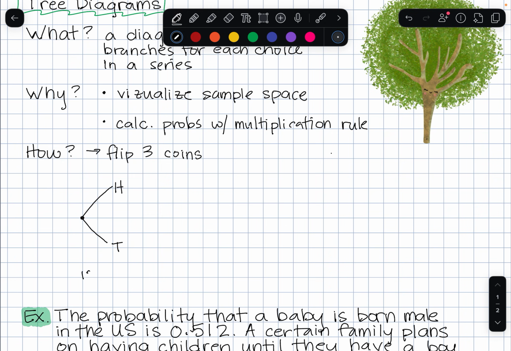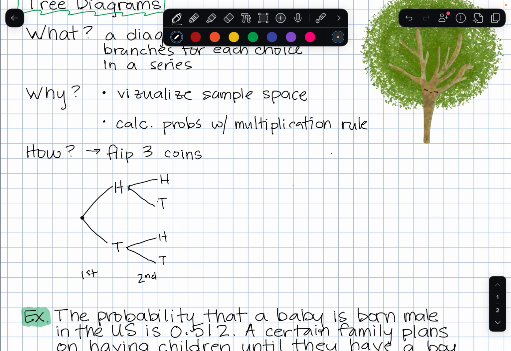So that's my first choice, my first flip. I'm going to flip again. And I know for my next flip, I could have either gotten a heads first, and I get heads or tails, or I could have flipped the tails first, and I get heads or tails. So that's my second flip.